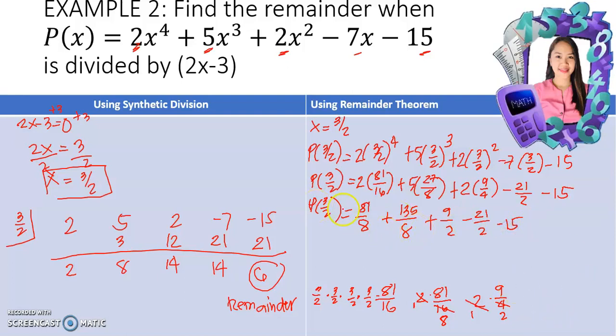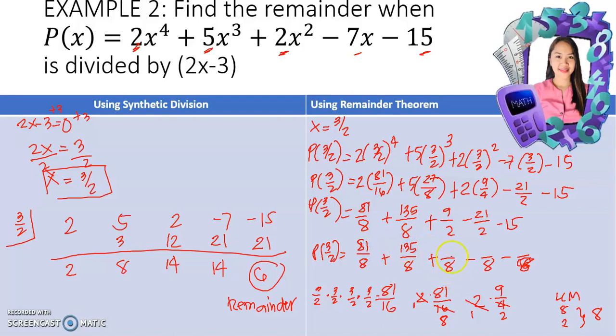Now, as you can see, dissimilar fractions ang mga nandito. So, hanapin yung LCM ng 8 tsaka 2. Ang LCM niya is 8. So, P of 3 halves equals, dapat maging 8 lahat ng denominators para maging similar fraction. Okay. So, this will become, kung pareho lang naman, copy lang yung numerator, 135.